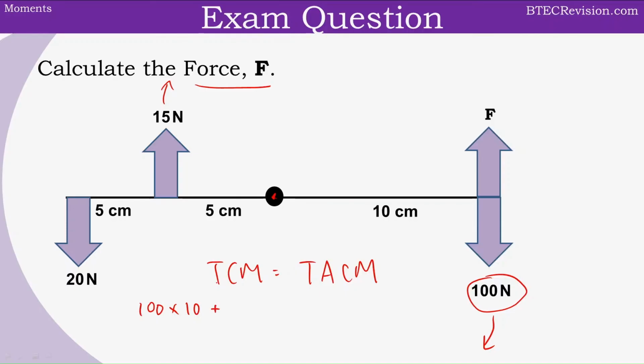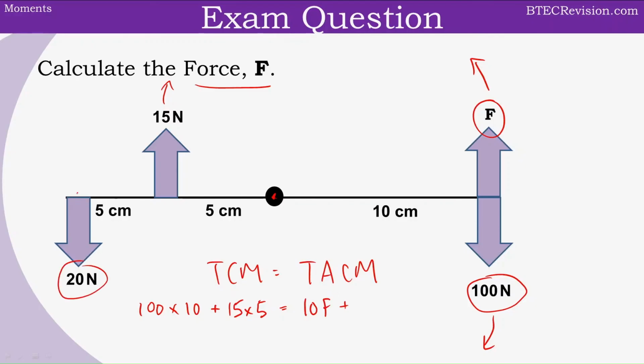And the second moment, we can add 15 times 5 centimeters, which is the perpendicular distance. Now we can look at the total anti-clockwise moment. So we have force times 10 centimeters. So that's 10F. And the last one, 20.